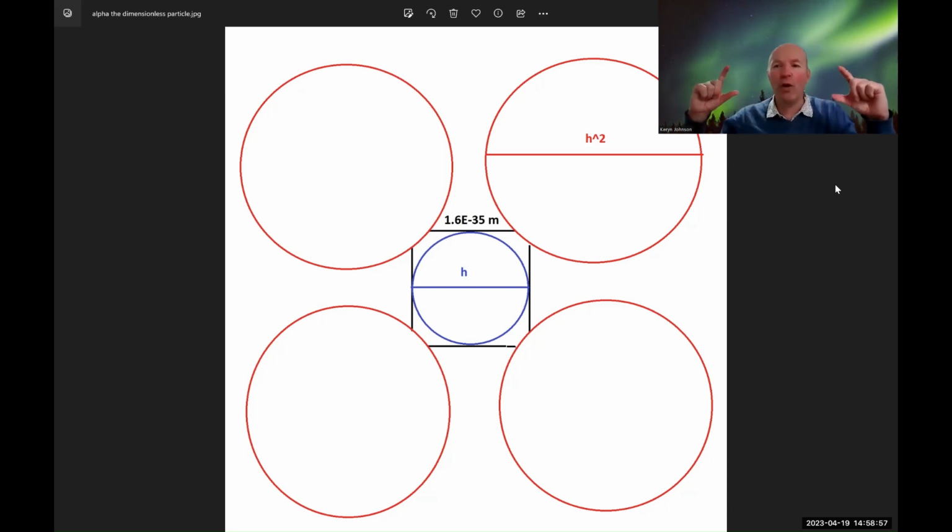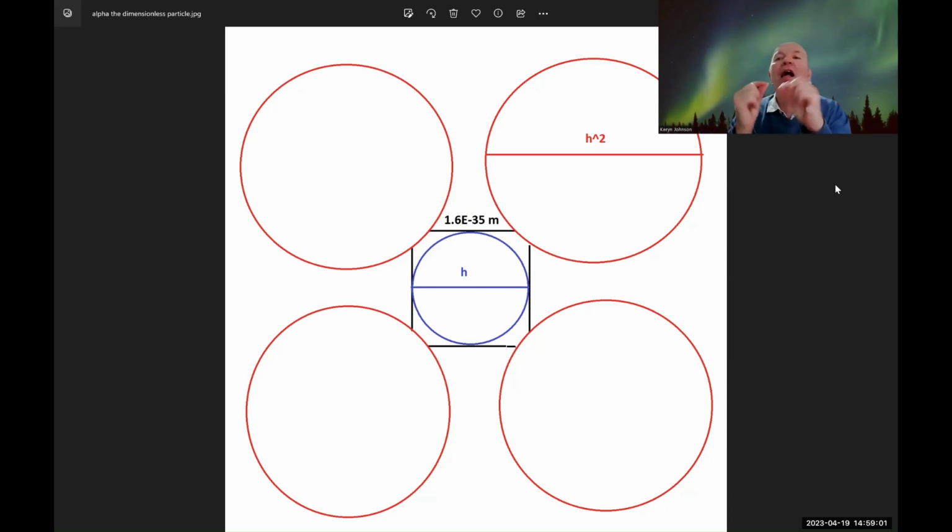So you've got 4 coming from either side, getting closer and closer. And now they're at that singularity state, 1.6e to the negative 35 of a meter. So they started at 4e to the negative 14 of a meter, which is the 0.00004 nanometer scale, and they've got closer and closer together.